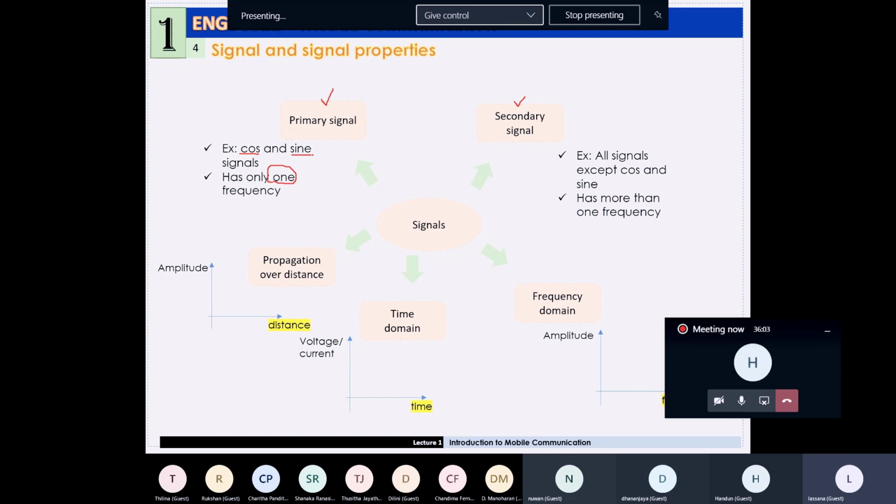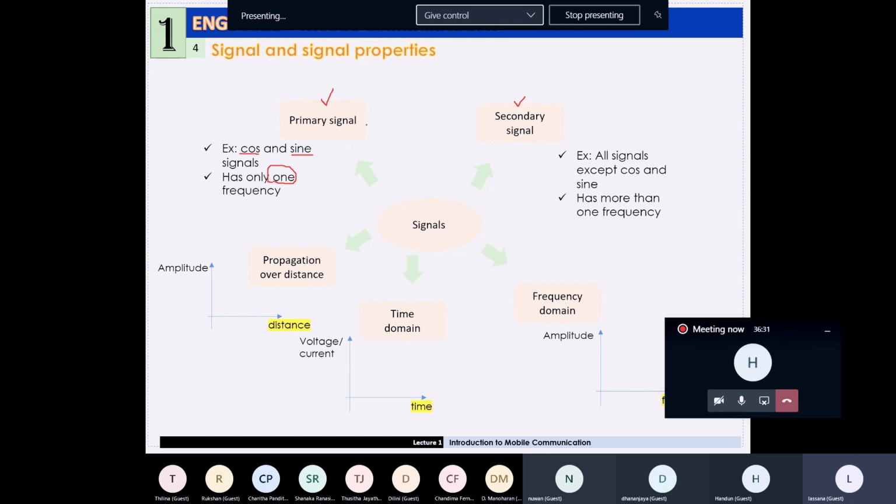And the other category is secondary signal, or in other words, non-fundamental signals. Why do we say secondary or non-fundamental? Because all these secondary signals can be generated by combining two or more primary signals. Therefore, to construct, to build secondary signals, you need primary signals.